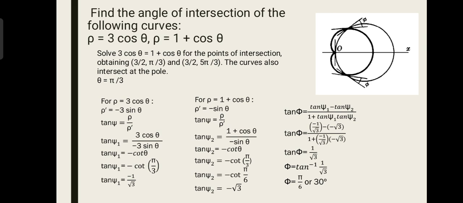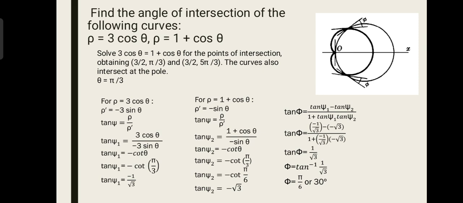Next, we'll solve for the second equation of the curve, which is r = 1 + cos θ. We'll differentiate it, obtaining r' = −sin θ, and then we'll solve for ψ2 using tan ψ = r / r'. So tan ψ2 = (1 + cos θ) / (−sin θ), obtaining −cot(θ/2).